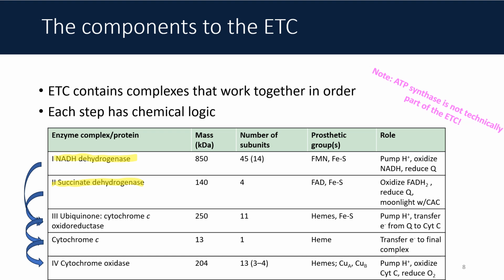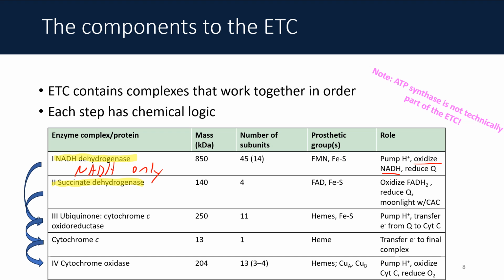Your entry point is going to be complex 1, which is also known as NADH dehydrogenase. The goal of this enzyme is to oxidize NADH, remove the electrons it carries, and dump them into the electron transfer chain.